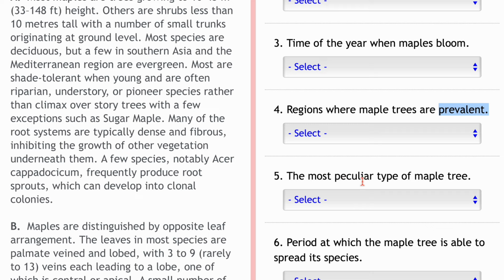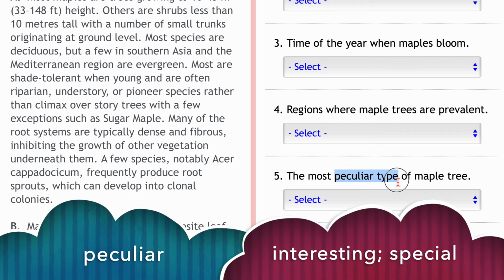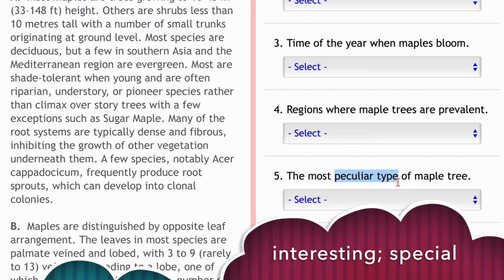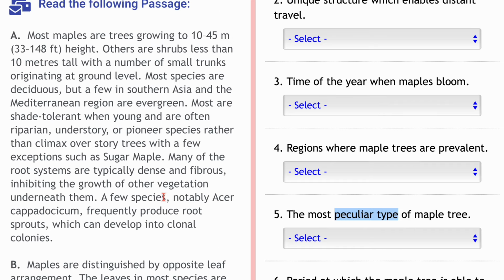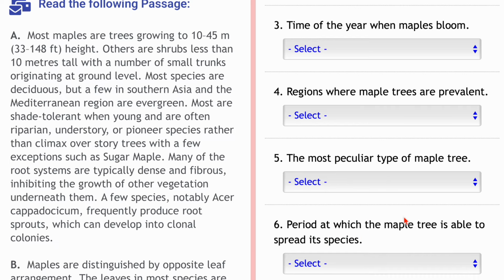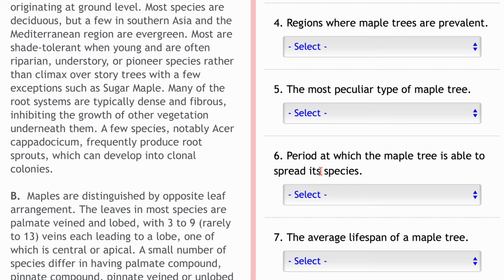The most peculiar type of maple tree. The most interesting type of maple tree. Is it an A? No, I didn't see anything about a peculiar type. Number 6. Period at which the maple tree is able to spread its species.